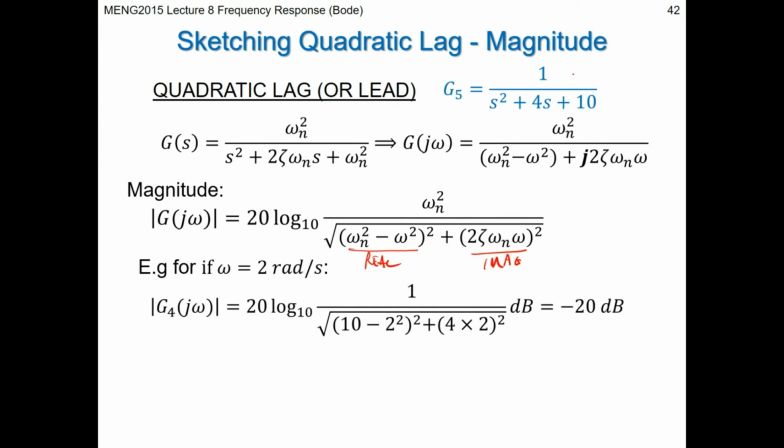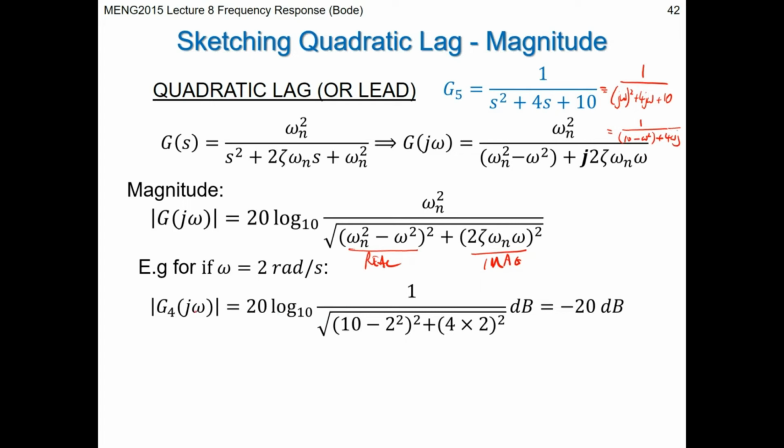Now if we take our transfer function here and we say, okay, this is equivalent to 1 upon j omega squared plus 4j omega plus 10, right? Then we can further reduce that. So this is 10 minus omega squared is the real part, and 4 omega j is the imaginary part, or 4 omega is the imaginary part.